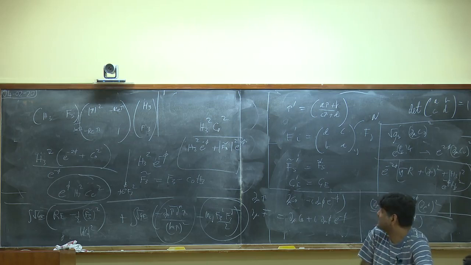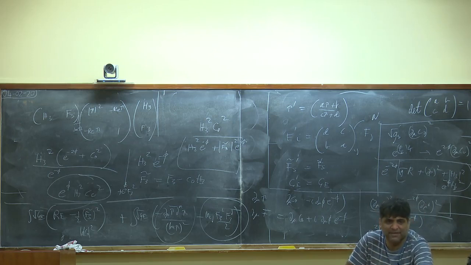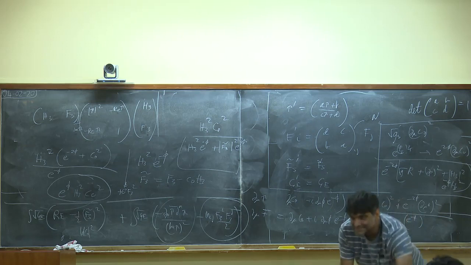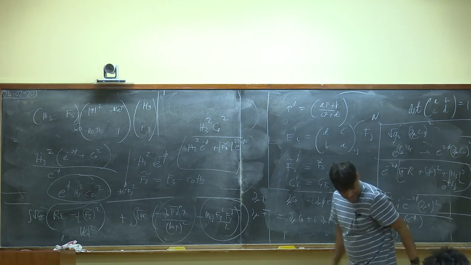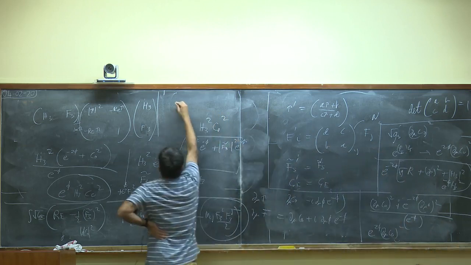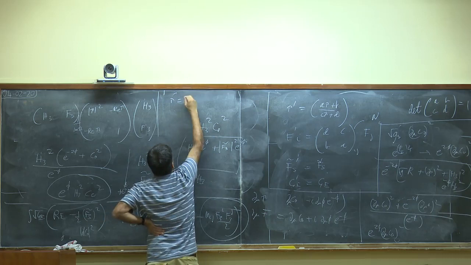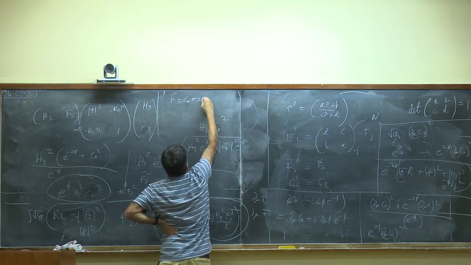Now, let's look at the significance of this, or at least the suggested significance of this. SL2R of course has many elements, but let's look at the most interesting element of SL2R, namely the S duality. Remember we had this object tau, which was C0 plus i e to the power minus phi.